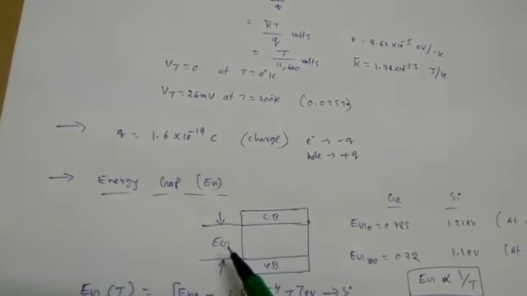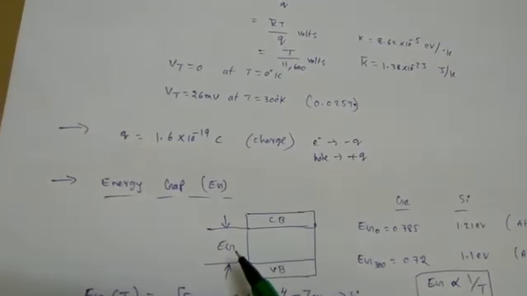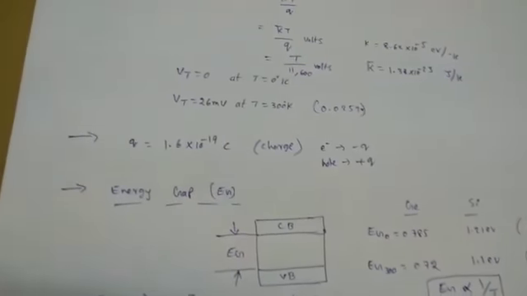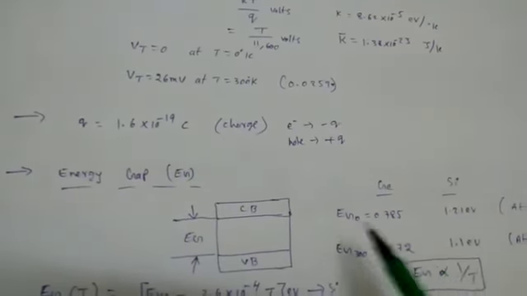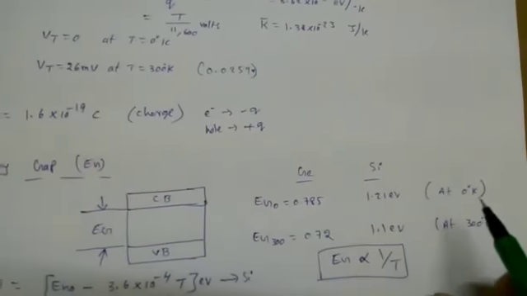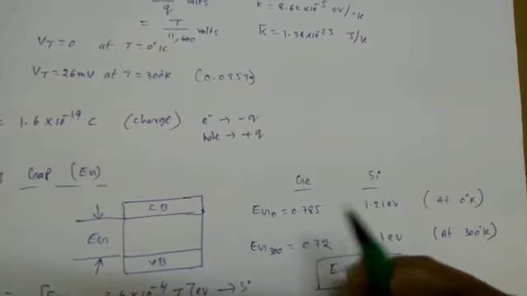If this energy gap is very high, conduction is not possible. We have the semiconductors germanium and silicon. For germanium at 0 degree Kelvin, the energy gap is 0.785 electron volts.